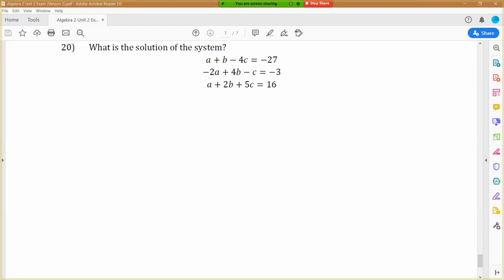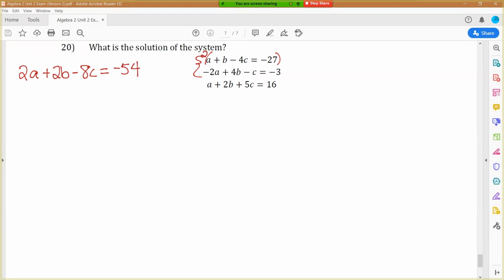So you're going to pick 2 equations. I would just pick these first 2. If I want to eliminate A from the first 2 equations, I've got to take the first equation and multiply the whole thing by 2. So I'm going to go over here to the left, and I'm going to multiply the whole first equation by 2. So 2A plus 2B minus 8C equals negative 54.